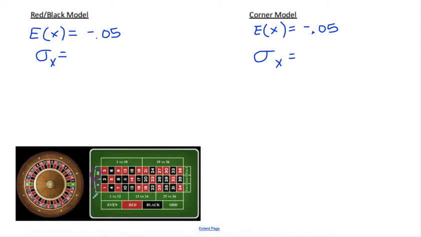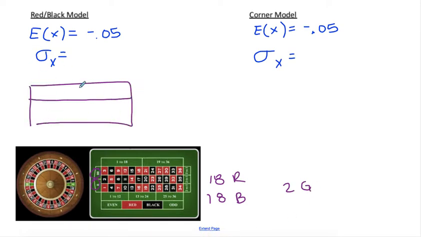And so when we take our 38 total and subtract the 2 and then divide by 2, there's 18 red and 18 black with 2 green. And so when we think of our probability table, the payout for this one, when we win, we get our dollar back plus $1. When we lose, we lose our dollar.